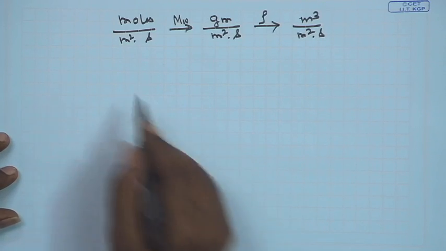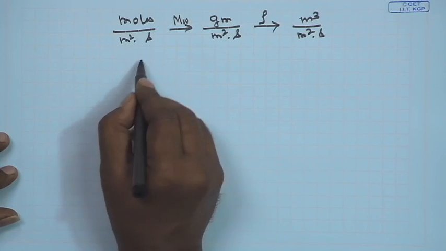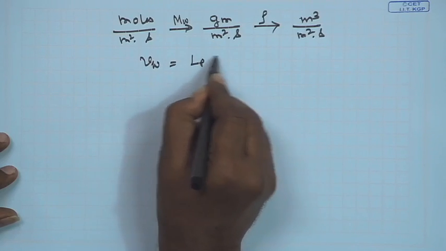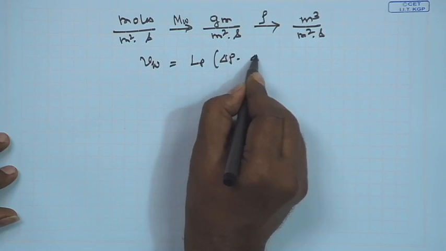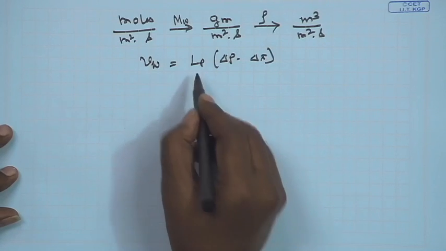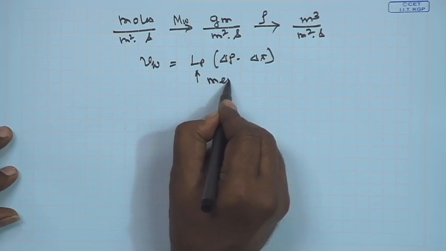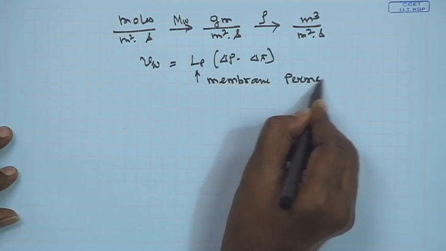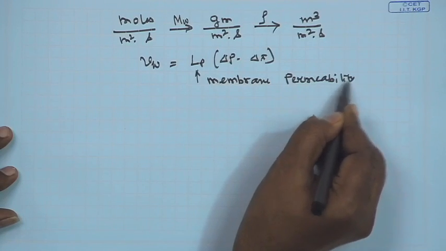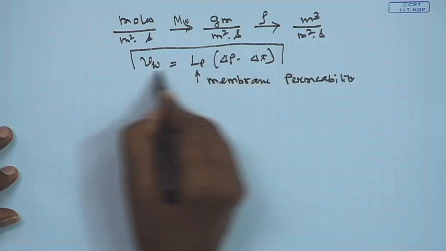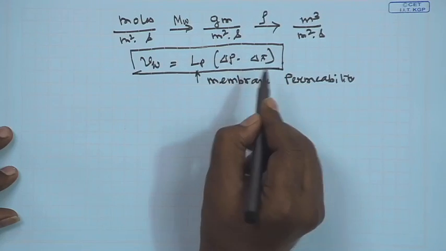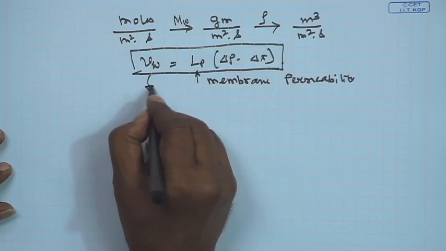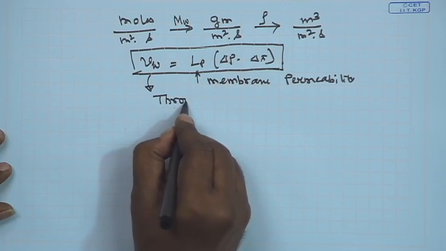Therefore, we can express our volumetric flux as Vw is nothing but Lp times delta p minus delta pi, where Lp is the membrane permeability. This gives the transport law of the volumetric flow rate of the solvent through the membrane, and this has a direct bearing on the throughput of the process.